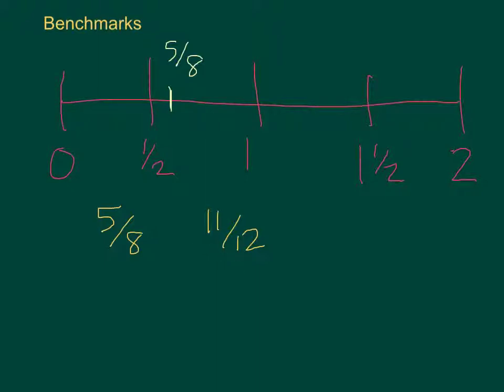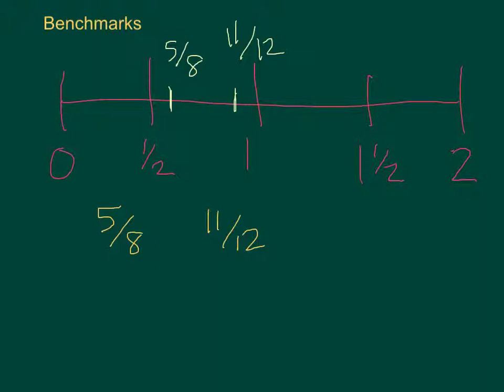But is 11/12 closer to 1/2 or closer to 1? I'm going to say it's closer to 1, because if I added only one more twelfth, I would have a whole. So 11/12 is pretty close to 1 whole, and I would place that about here. When you have questions dealing with fractions, you would use benchmarks that have fractions.